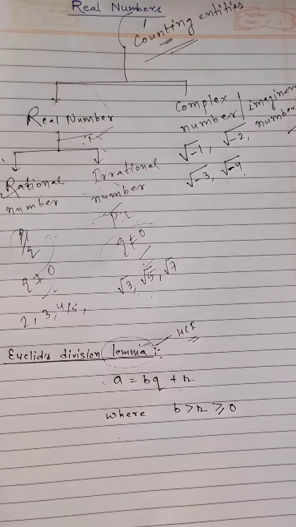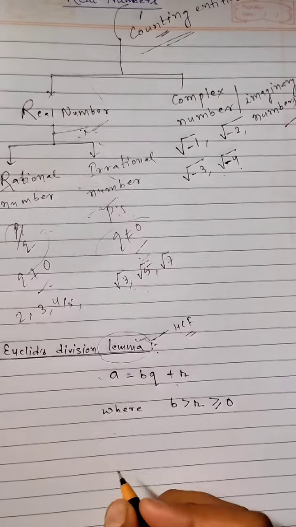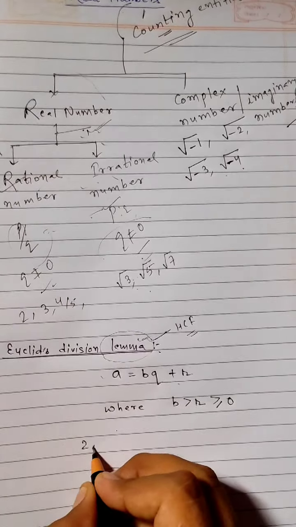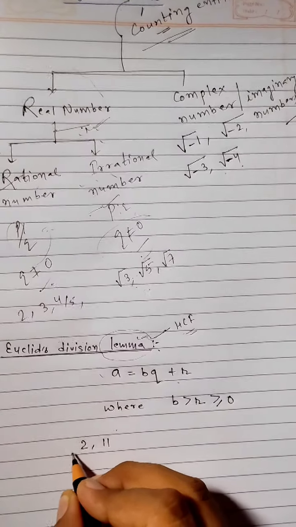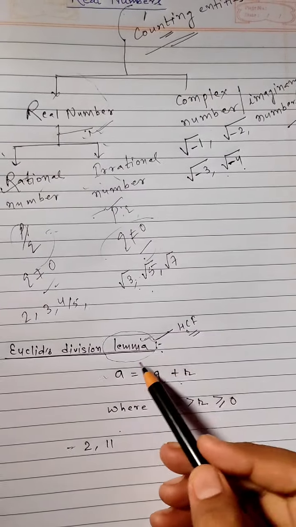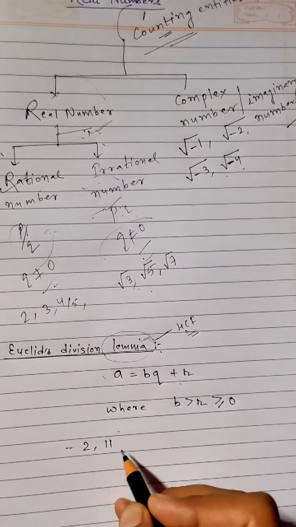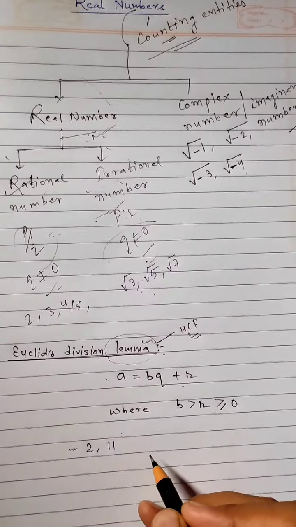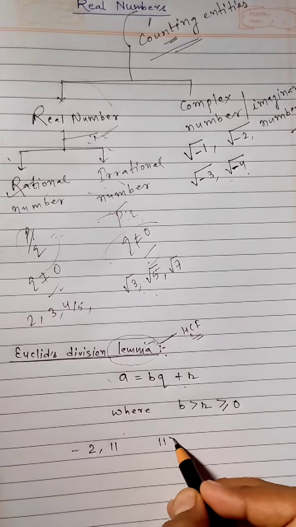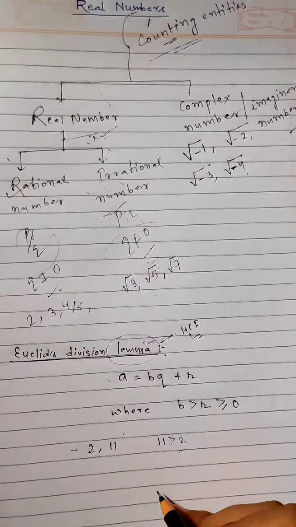Okay, so let there be two numbers given, 2 and 11. Before solving for HCF or anything else, we need to compare both of the numbers, to see which one is the greater and which one is the smaller. So we know very well that 11 is obviously greater than 2, right?